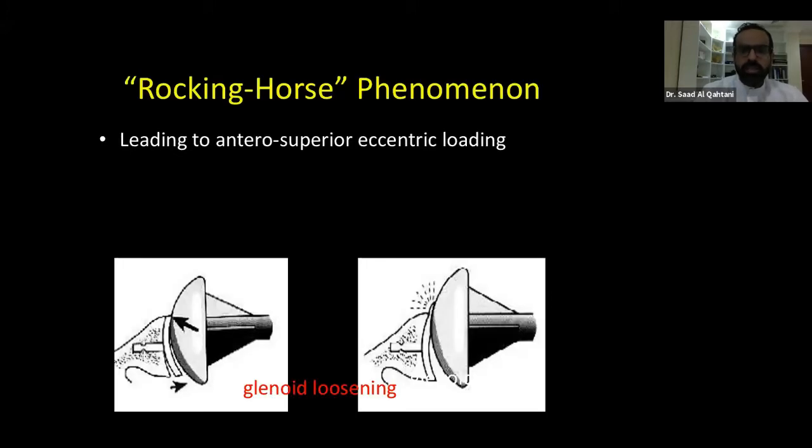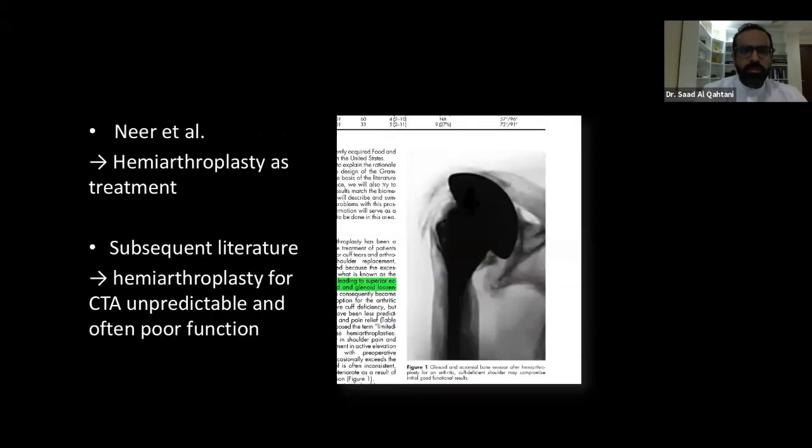So based on this observation, Neer suggested hemiarthroplasty as a treatment, but subsequent literature and review showed that hemiarthroplasty for rotator cuff arthropathy was unpredictable with a very poor outcome and poor function.